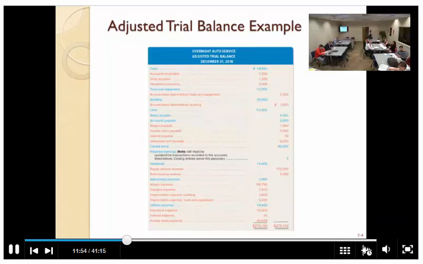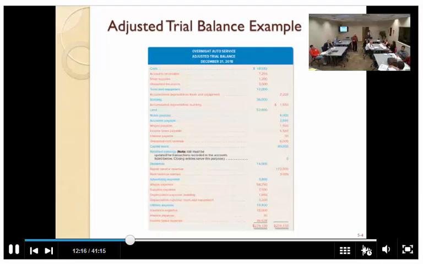Tonight in your breakout sessions, you're going to be provided a trial balance. The first thing you do is the income statement, then the statement of stockholders' equity, and then the balance sheet. So let's see what these things look like.